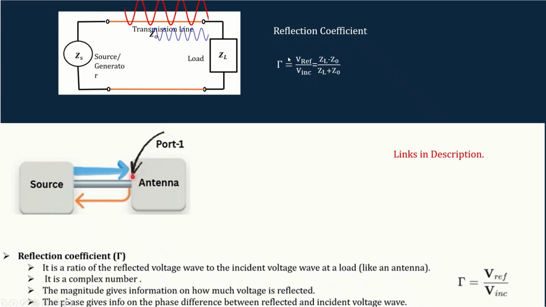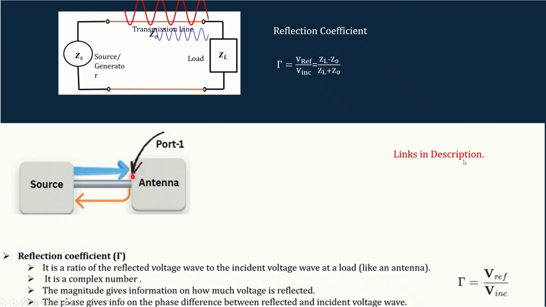This reflection coefficient is a complex number. Its magnitude gives the information about how much voltage is getting reflected back. The phase gives the information about the phase difference between the incident wave and the reflected wave.